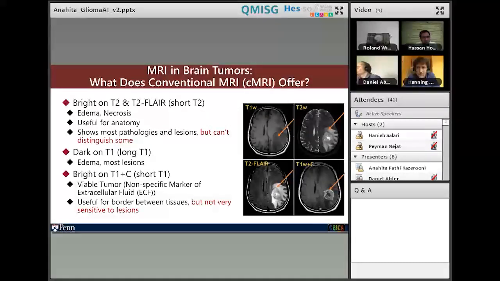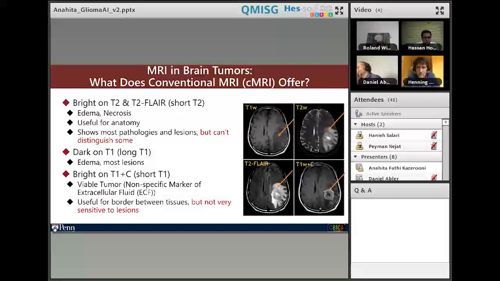You see that the prognosis becomes poorer and poorer. So many of the studies that are being carried out in radiomics or in many other large-scale studies use structural MRI or conventional MRI.